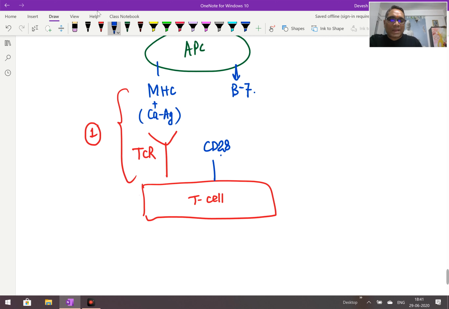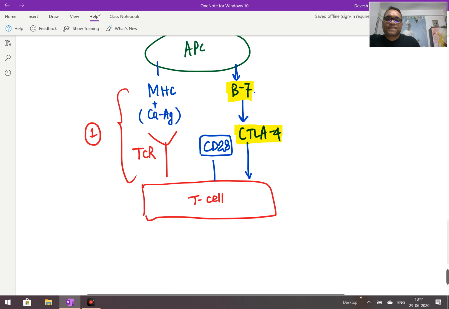But what is happening in this situation? CTLA4 is combining with B7, right? So B7-1 is binding with CTLA4. When B7 is binding with CTLA4, see this, what will happen to this T cell? This T cell is inactivated, right?